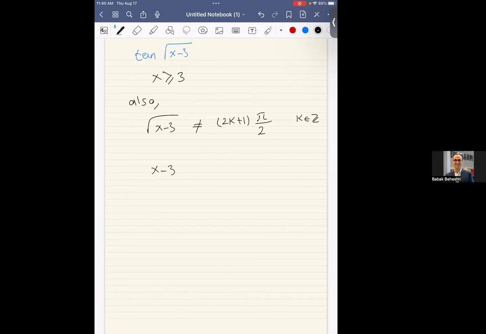That means x minus 3 cannot be equal to (2k plus 1) squared pi squared over 4. It means x cannot be equal to (2k plus 1) squared pi squared over 4 plus 3.